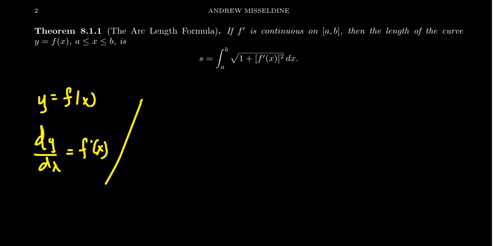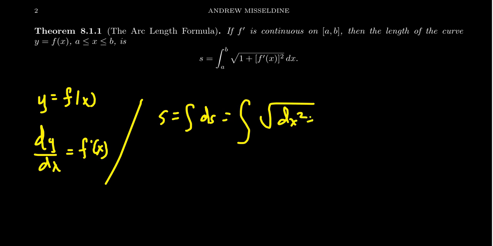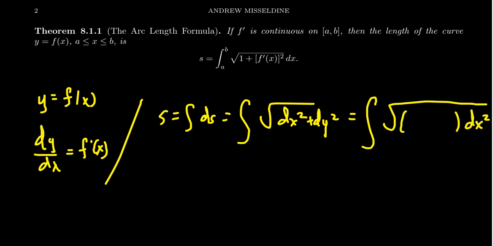Taking back s equals the integral of ds, which equals the integral of the square root of dx squared plus dy squared, looking at this expression, we're going to factor out a dx squared. If you factor the dx squared away from the dx squared, you're left with a 1.